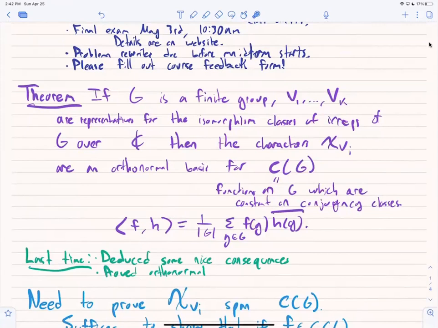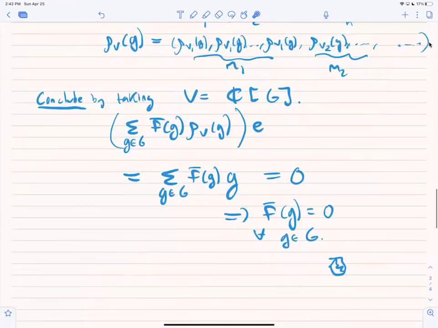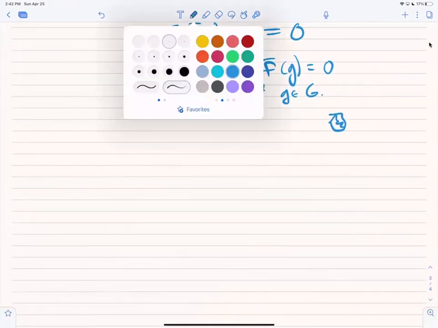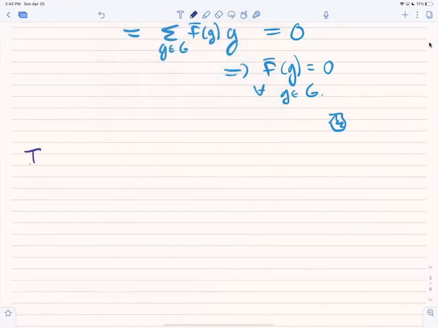Okay, so let's now take some time to illustrate how you can use this. Let's talk about irreps of S3. This is a baby case, and we'll do S4 next.